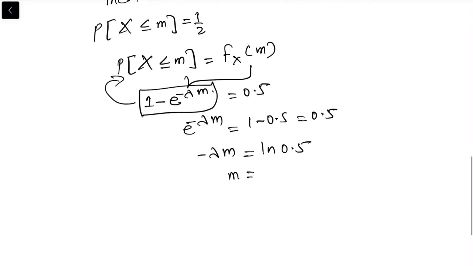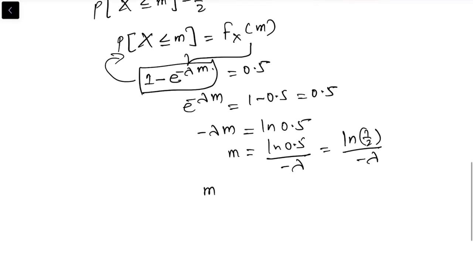So m is log 0.5 divided by minus lambda. And you know log 0.5 is log of 1 over 2, which is log 2 to the power minus 1.